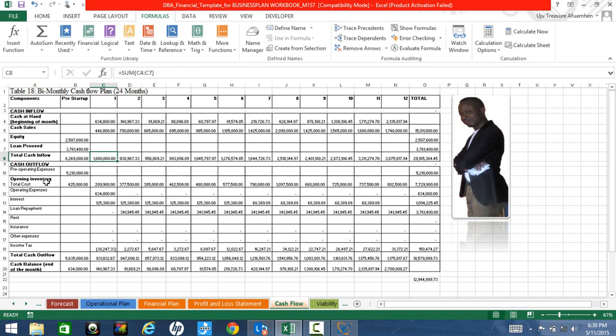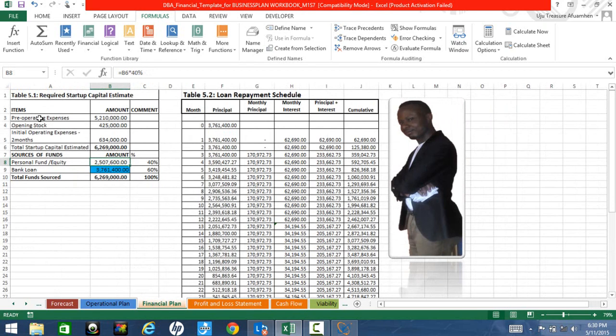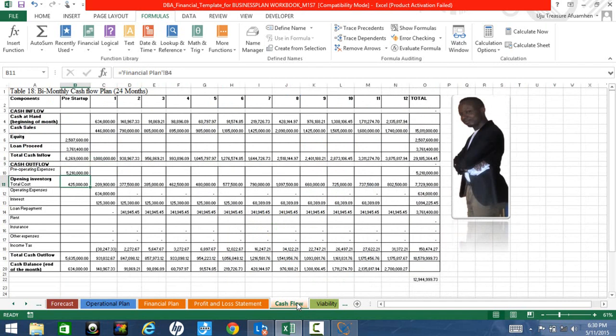Then coming down, opening inventory, total cost. You can see this from the financial plan B4. This is B4. So let's try and make the most of the time. Now the next thing, when you click on this one, is a summation of the loan repayment. We've talked about how we came about this value, dealing with 2 months and so on.